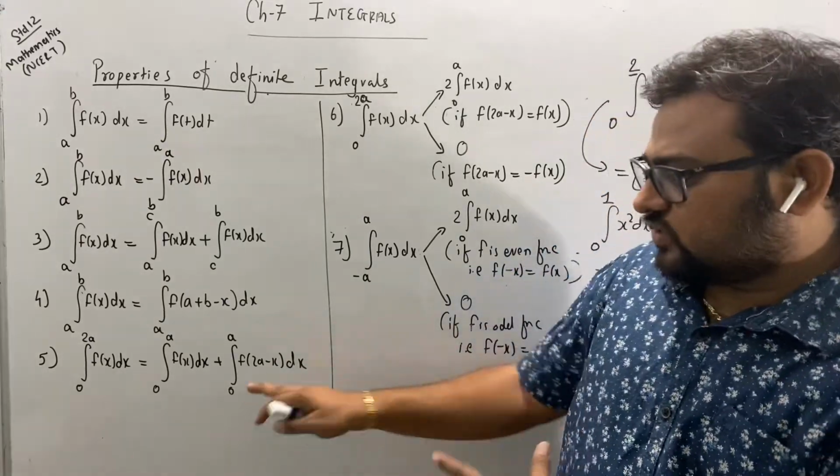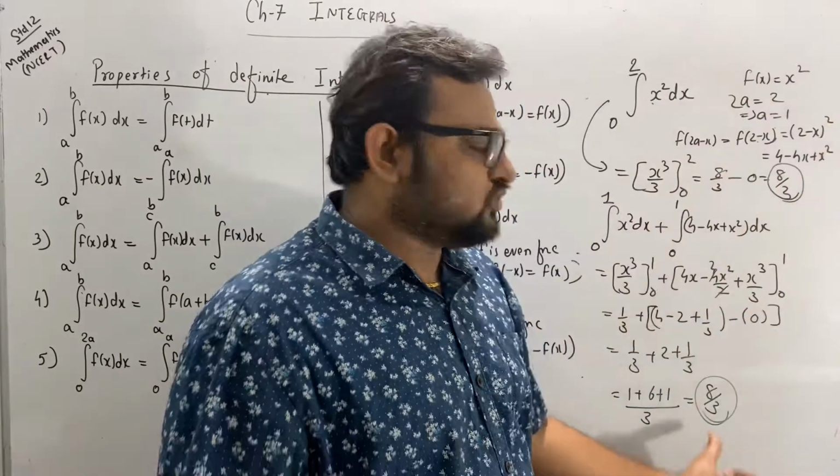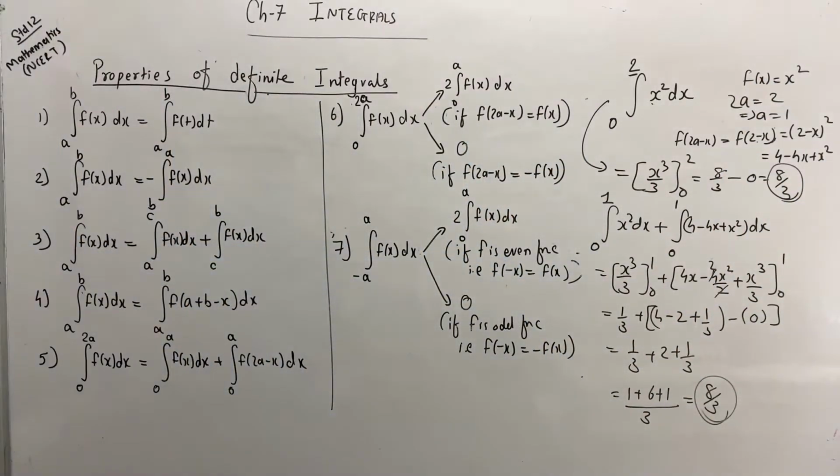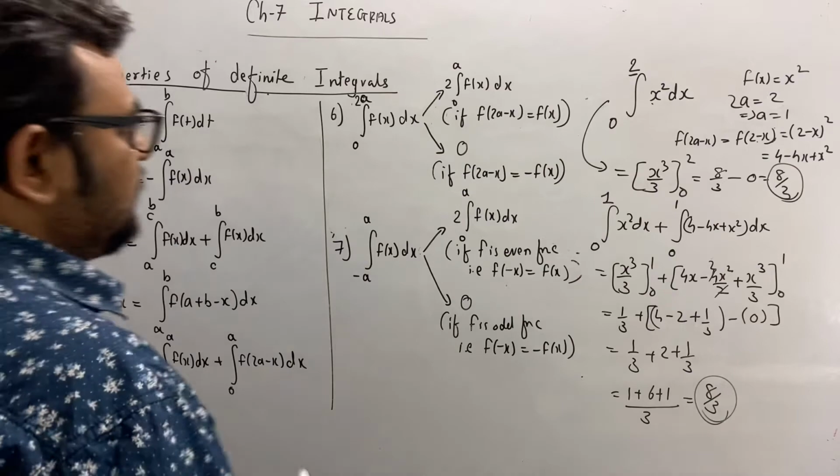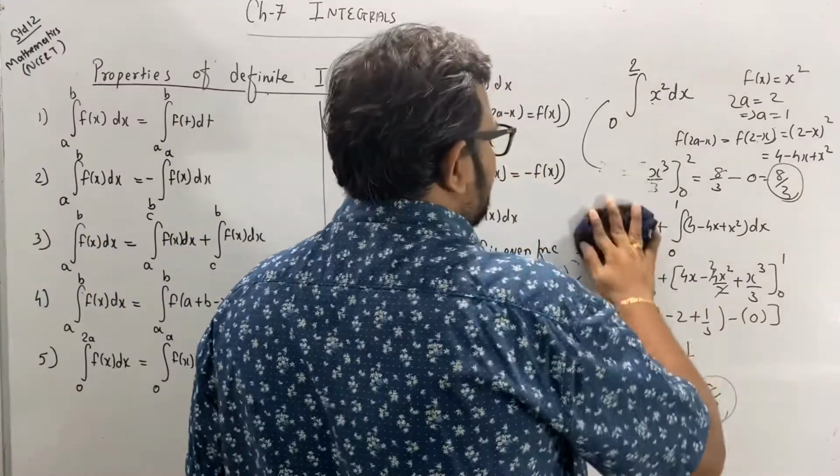So just once go through this type of formula which I used. Okay. Now let's move to the next property.